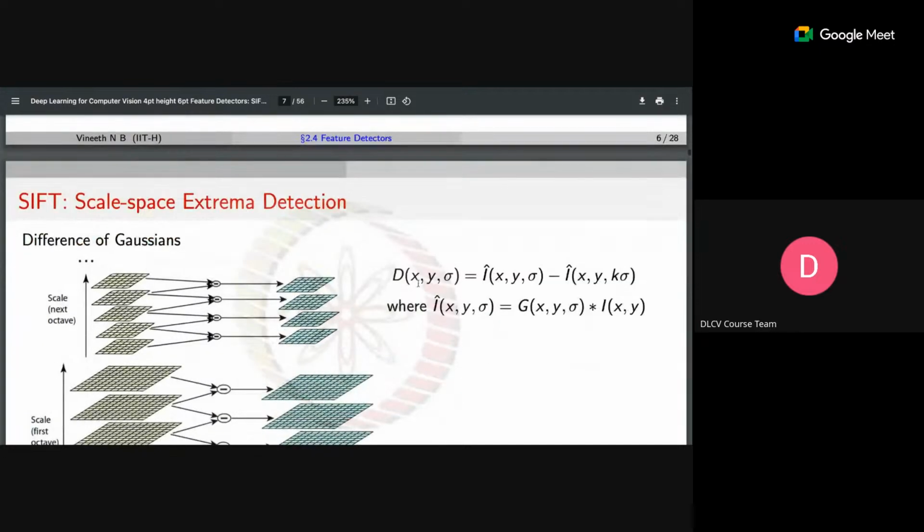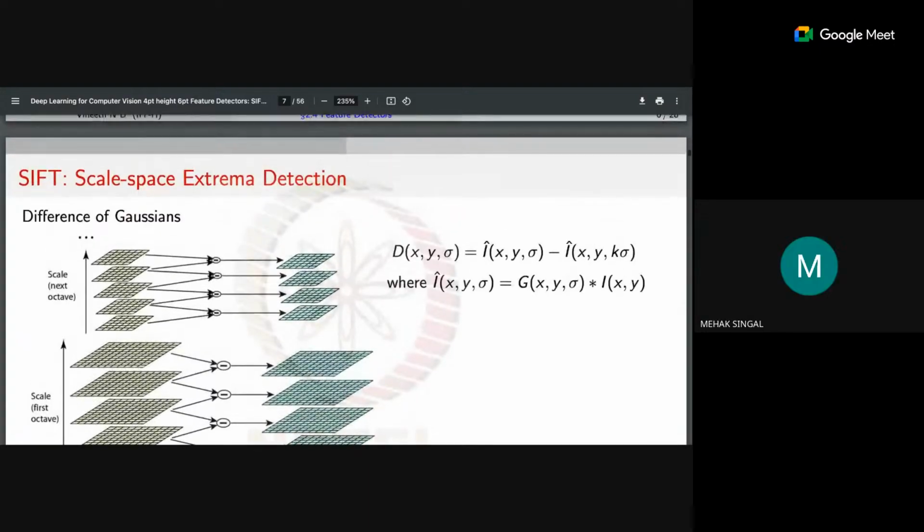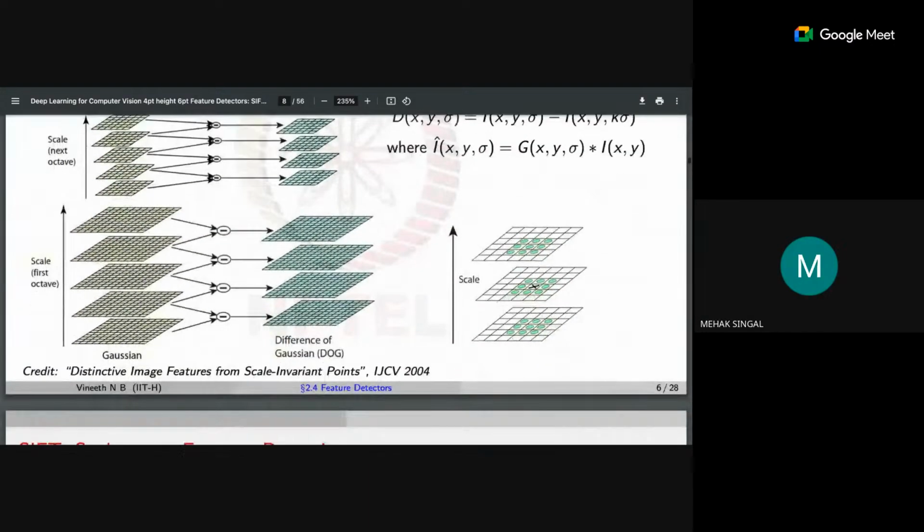See here, your difference of Gaussian for x, y and sigma: I had x y sigma and I had x y k sigma, where you are taking your image and applying the Gaussian filter with sigma or k sigma, right? So that is what you are doing. You are basically trying to remove the features which are variant to the scaling, which vary because of scaling.